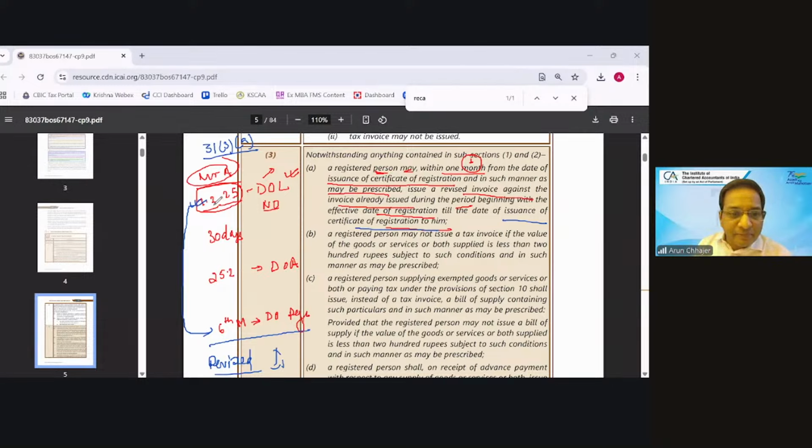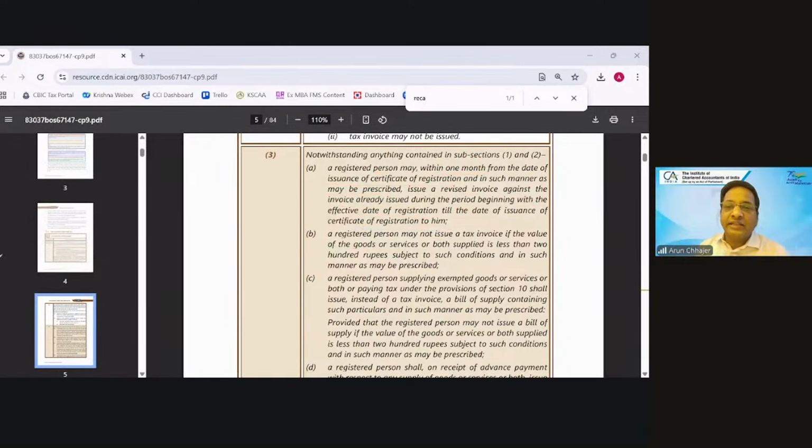So इस period में from this date to this date, whatever invoice he has issued, he can issue the revised invoice, and based on that, the recipient would be able to see it in the GSTR 2B and satisfy all other conditions for taking the input tax credit.